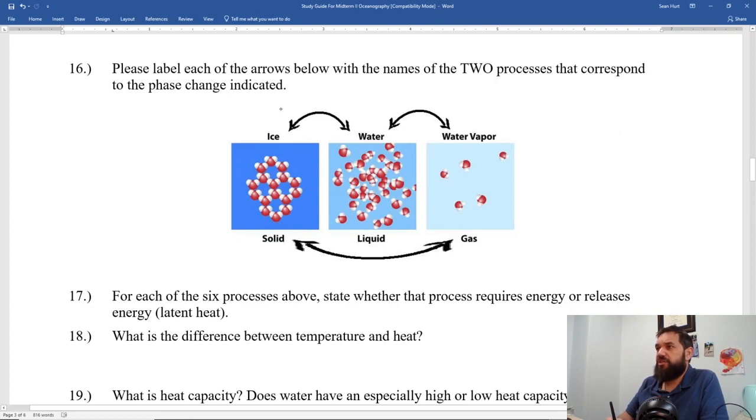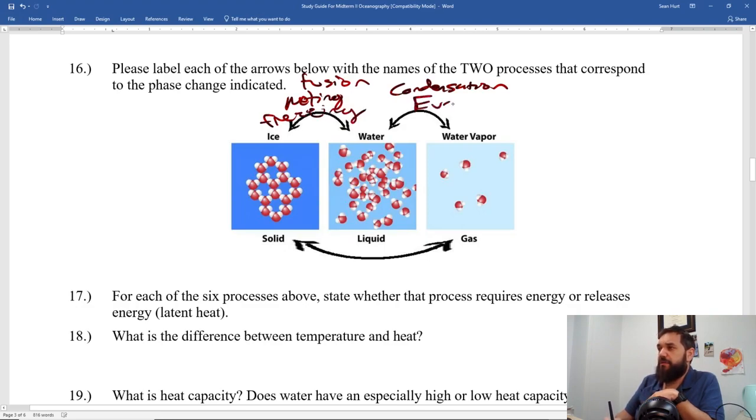So please label each of the arrows with the names of the two processes that correspond to each phase change that's indicated. Going from ice to water, of course, that's melting. Another, more scientific word for that is fusion. Going from water to water vapor and back, that's evaporation and condensation. Of course, this is freezing.